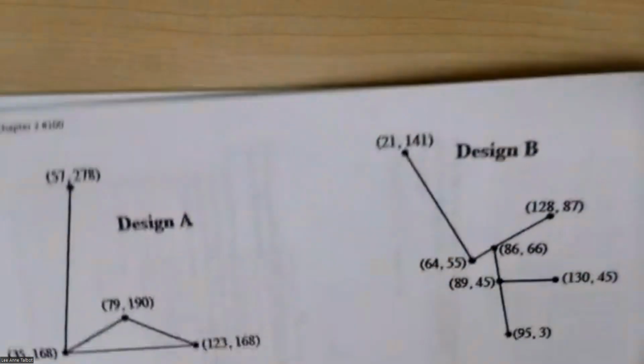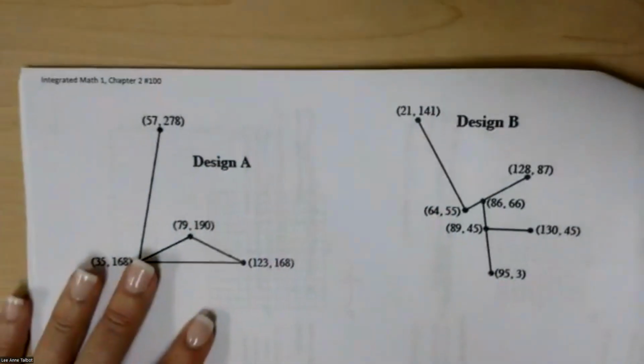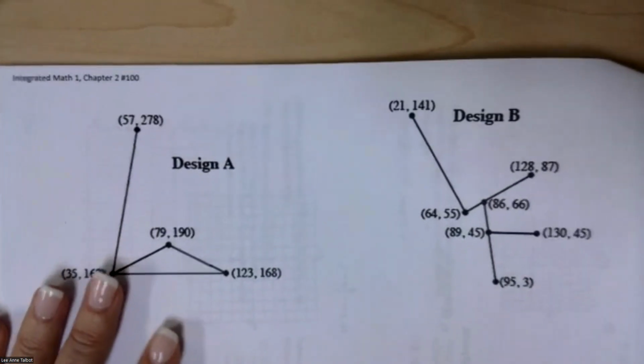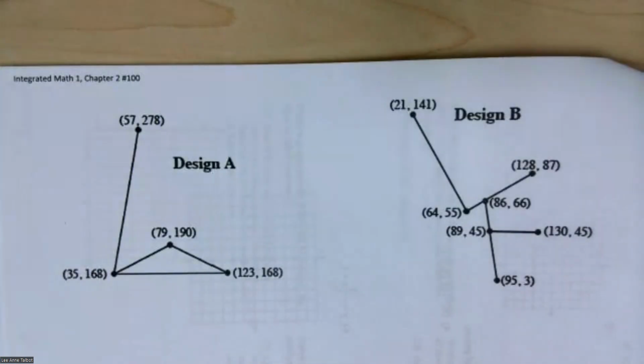All right, so find this resource page. It has these designs on it. Okay, and because it's a CPT day today, we don't have time to do both design A and B. I need you guys to choose.